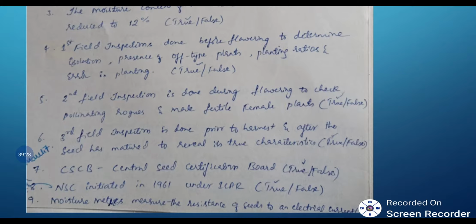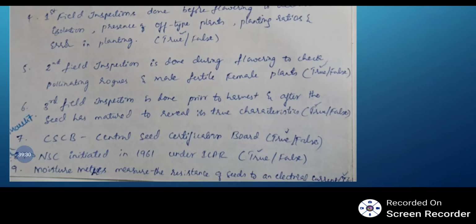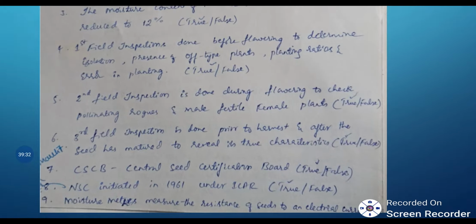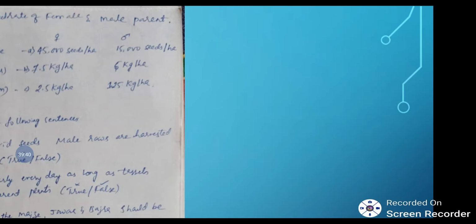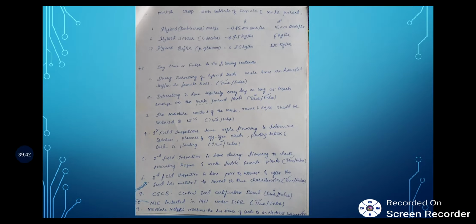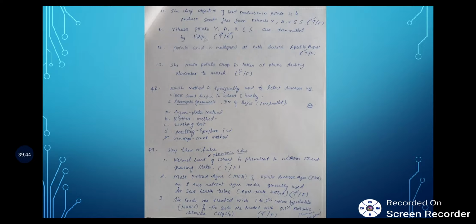Moisture meter measures the moisture in seeds through an electrical current form. तो ये भी true है. देन एक लास्ट वाला है ट्रू एंड फॉल्स बताने के लिए. So there are 13, still 4 are there.